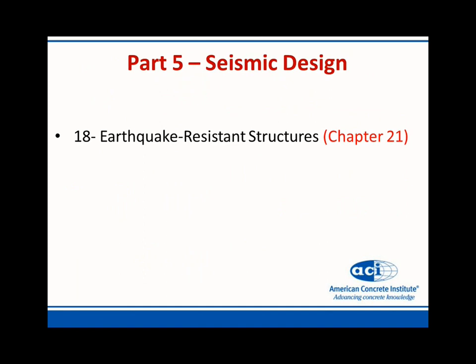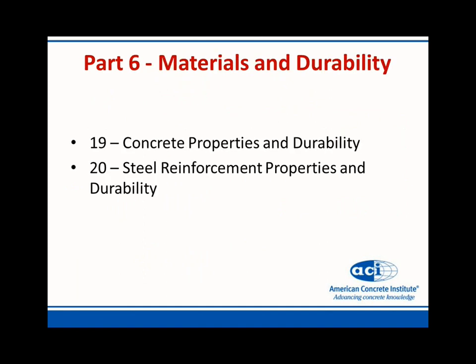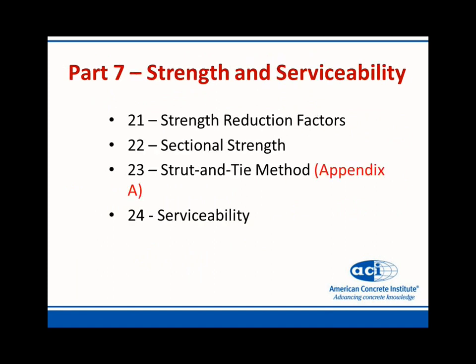Part 5 is a chapter on seismic design. That's substantially the same as Chapter 21 of the code. Part 6 addresses materials and durability. Chapter 19 addresses concrete properties. Chapter 20 addresses steel properties. The 7th part addresses strength and serviceability, strength reduction factors, phi factors.